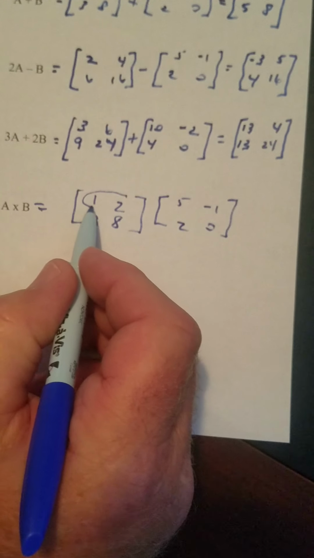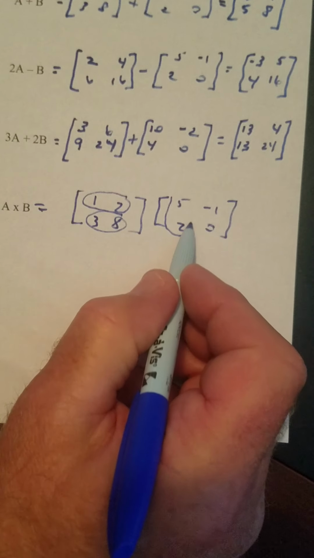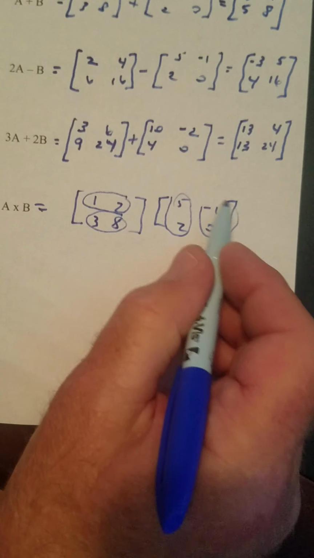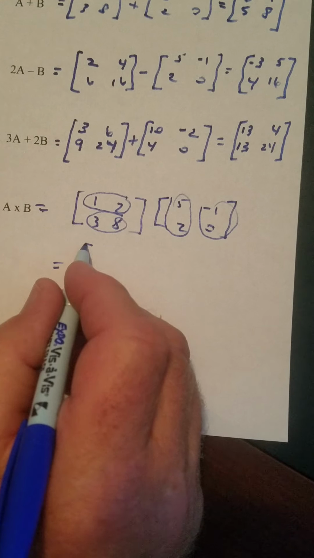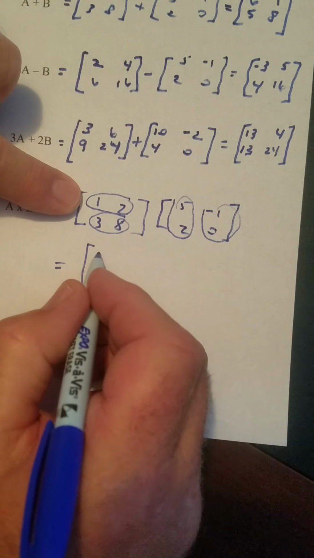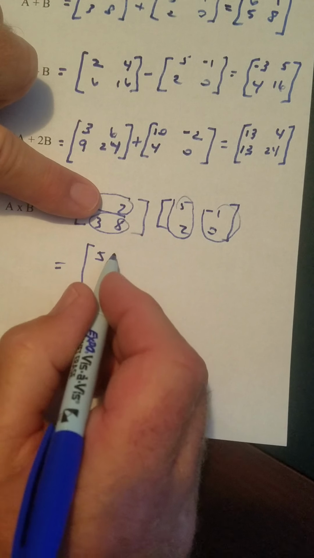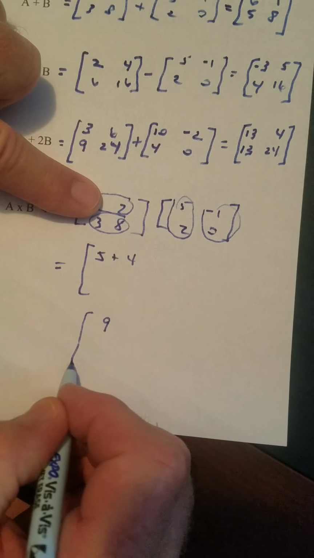So we're multiplying, so we're going to circle the rows, circle the columns. First row, first column. 1 times 5 is 5. 2 times 2 is 4. Eventually I'm going to put a 9 down there.